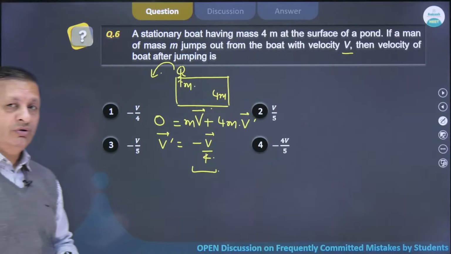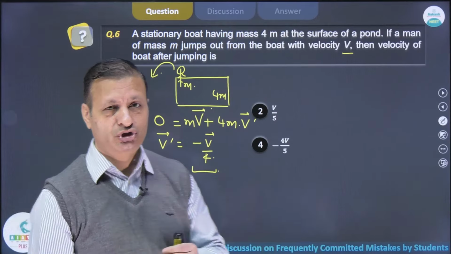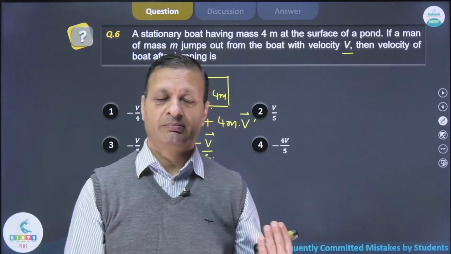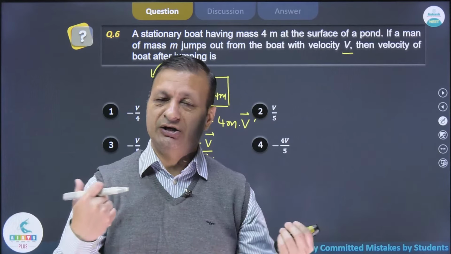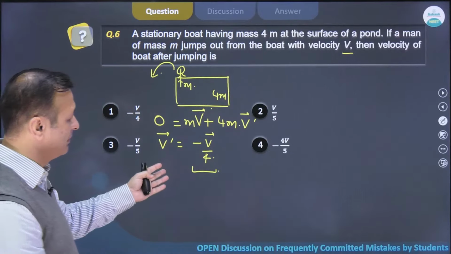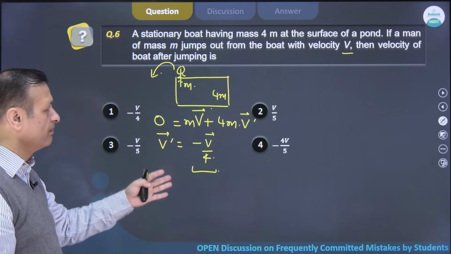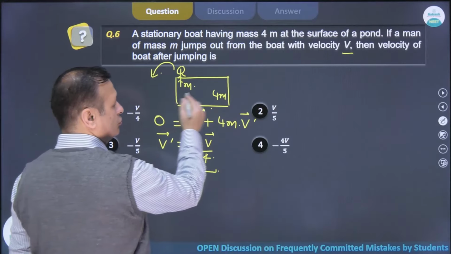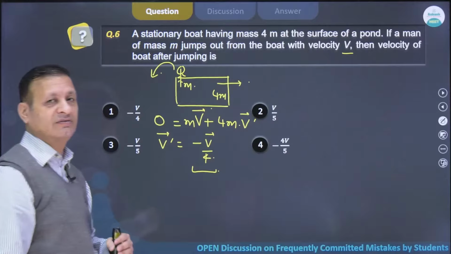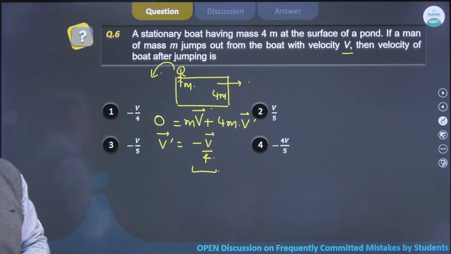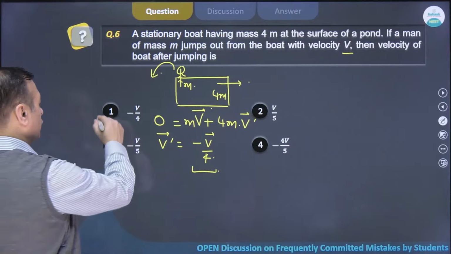Just to conserve the momentum, initially there was no momentum, but the man jumps. This is more or less like the recoil of a gun, the very same example we follow. So if a man jumps, the boat will move slightly to the other side. Got it or not? So this is minus v by 4.